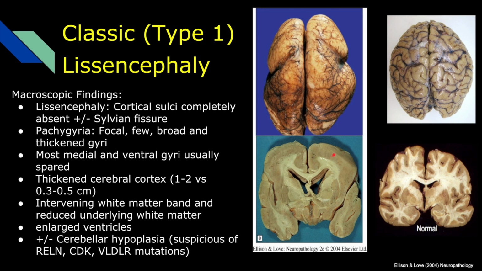You see the thicker cortex compared to the normal adult brain with less white matter. So this is typical. Not only is it thicker, but you don't get any of these gyral patterns because you really need normal cortex to undergo gyrification. For whatever reason, most medial and ventral gyri seem to be spared. So you can see here there's a hint of a cingulate gyrus, which is interesting.